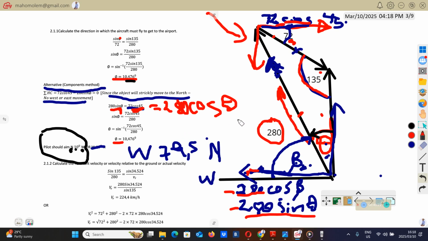Sorry, it must be cos beta here, 280 cos beta. So if you want to use this, you will say this 280 cos beta equals to 72 cos 45. Then the angle that you will get here, you must get this 79.5 degrees. Good.